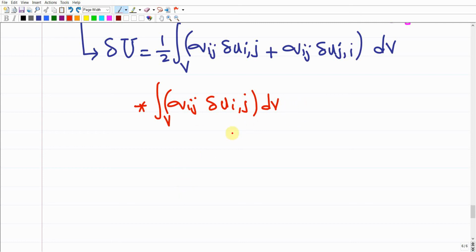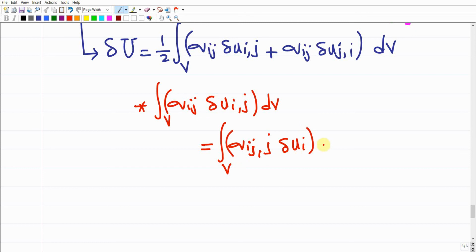So this term will be the integration over the volume of sigma ij. We said that we can isolate the derivative, get rid of the derivative, and we have the delta u. So this derivative will be applied directly to the sigma. Make sense? Then we're going to have the first variation of ui.